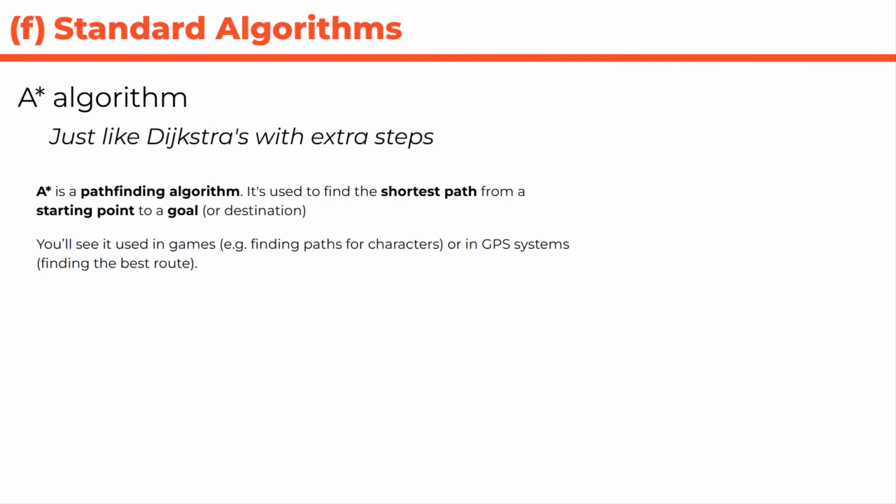You'll see it used in games, things like pathfinding for characters where enemies spawn and then move on to your character, or try and attack you, or things like GPS systems, traveling from A to B, for example, in the fastest possible route.